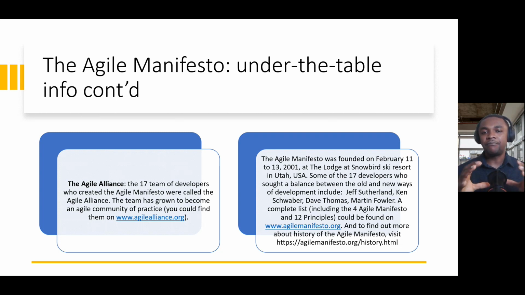So these are the key figures. It doesn't mean that other figures were not important, but I just wanted to draw your attention to some of the figures. To get more information about that, you can visit www.agilemanifesto.org/history.html.